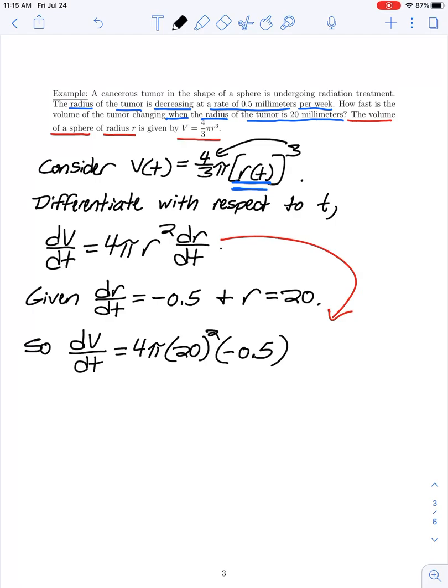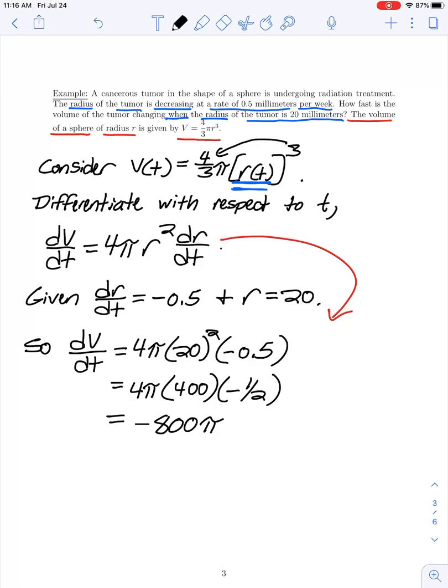So simplifying a little bit, we have 4 pi times 20 squared, which is 400, times a negative 0.5, or that's the same as negative 1/2. So we would have 1600 pi divided by negative 2. So that gives us negative 800 pi.